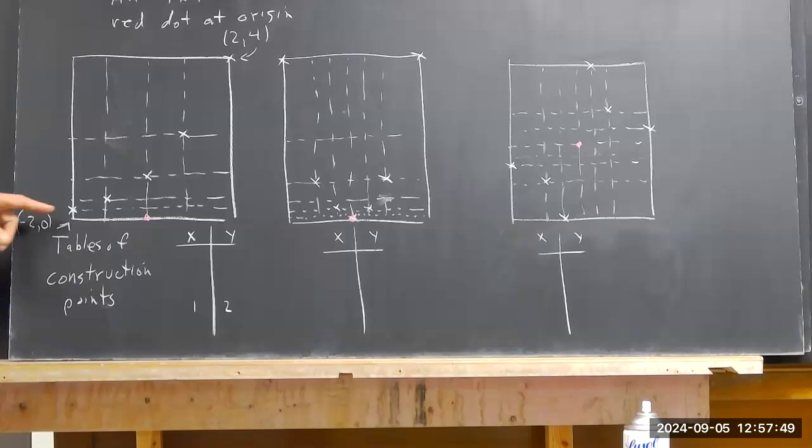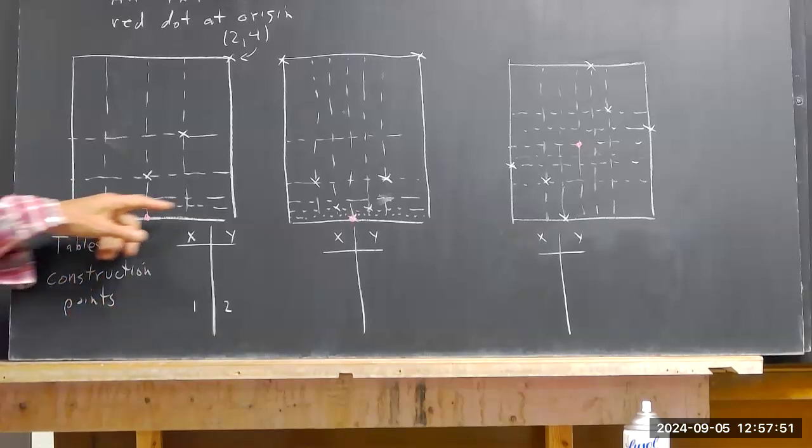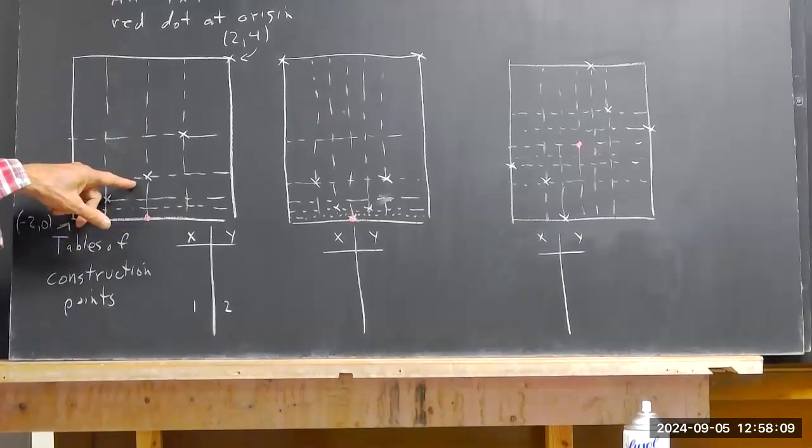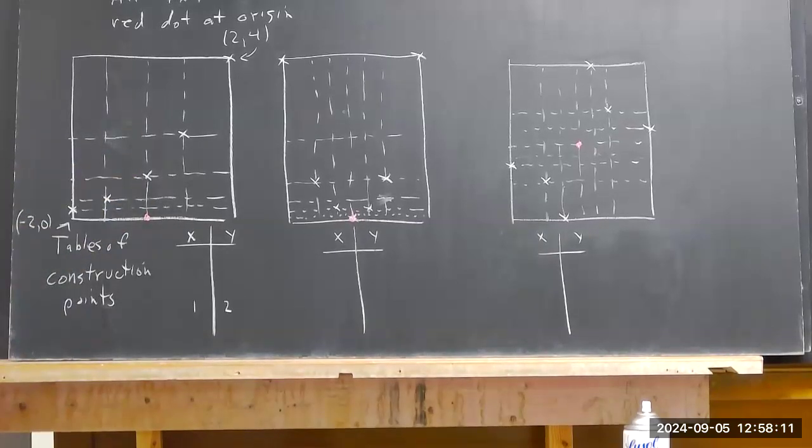Okay, and what's the y value on this horizontal construction line? Not 0. 0 is down here at the corner. This is not at the corner. Okay, so let's worry about this first. Okay, so the x value here is what? Horizontal line, x equals what?